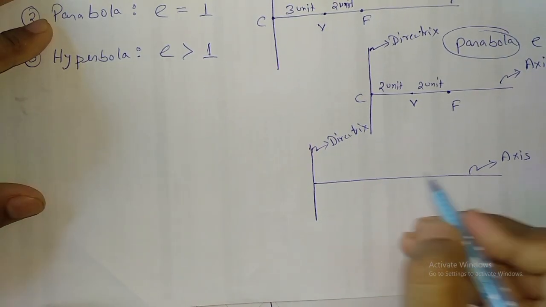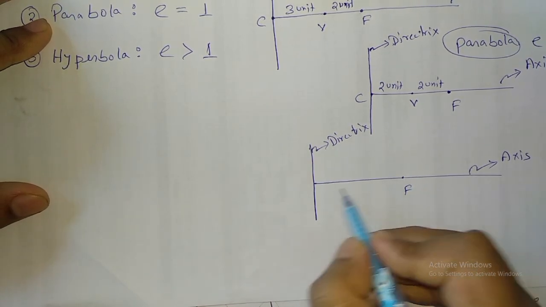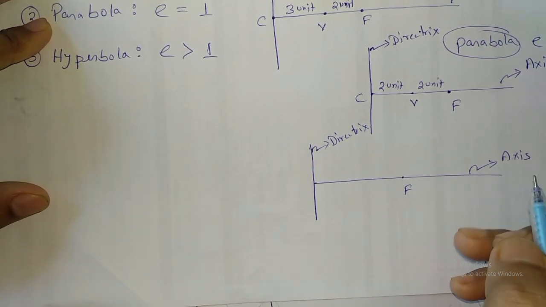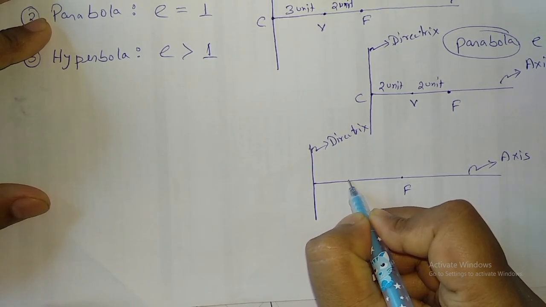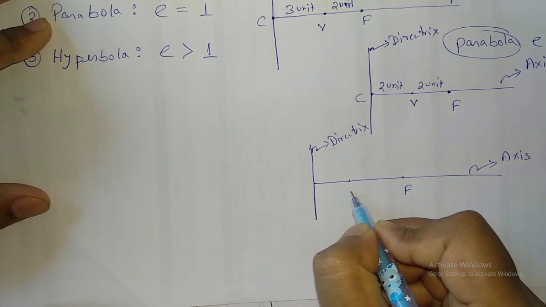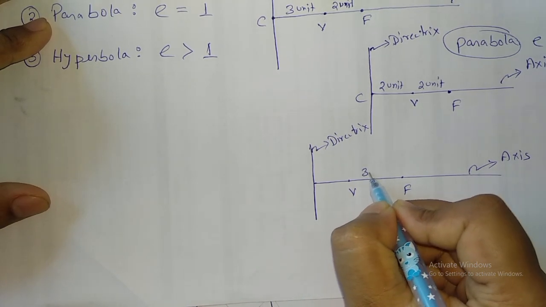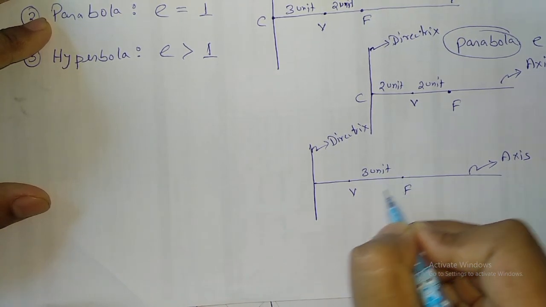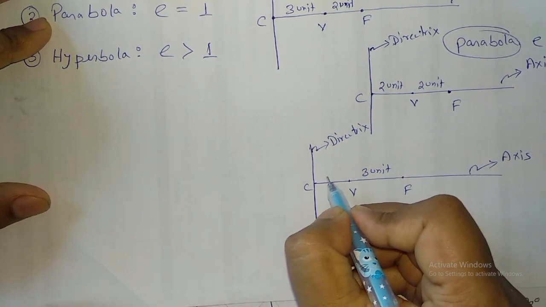Suppose this is a point F here, and this is my point B over here. FB is 3 units and CB is 2 units.